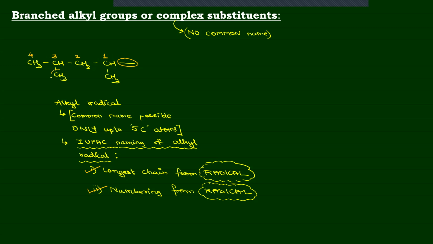So once I number, I observe there are 2 substituents or carbon branches on first and third. So 1 और 3 पे 2 methyl हैं, you will club them and call 1,3-dimethyl. And the parent of 4 as an alkyl would be called butyl. Hence, this complex substituent overall gets the name 1,3-dimethylbutyl.